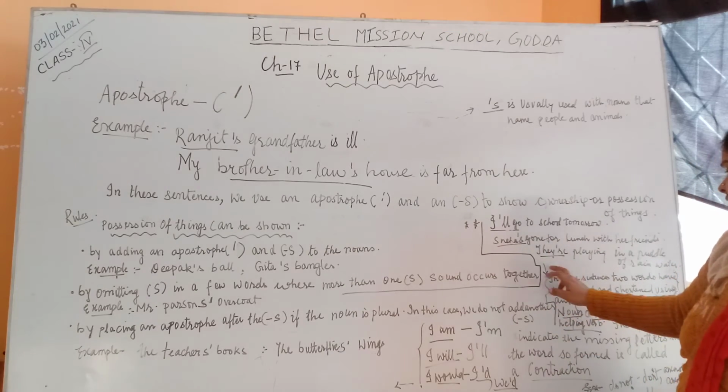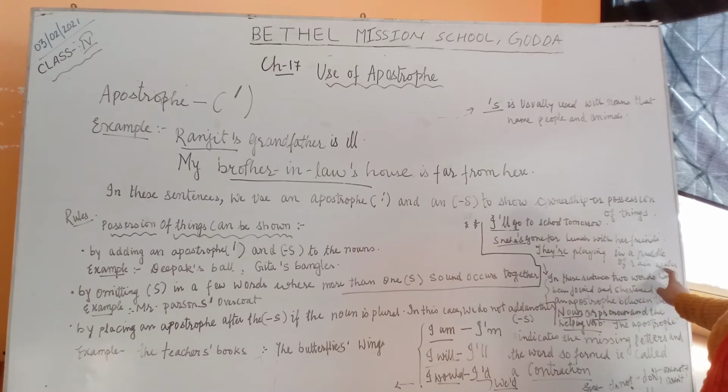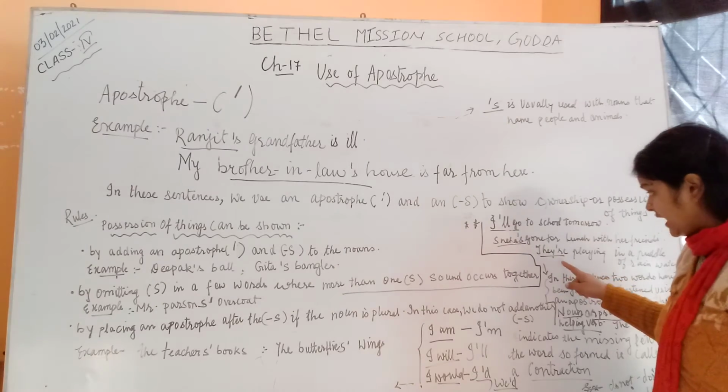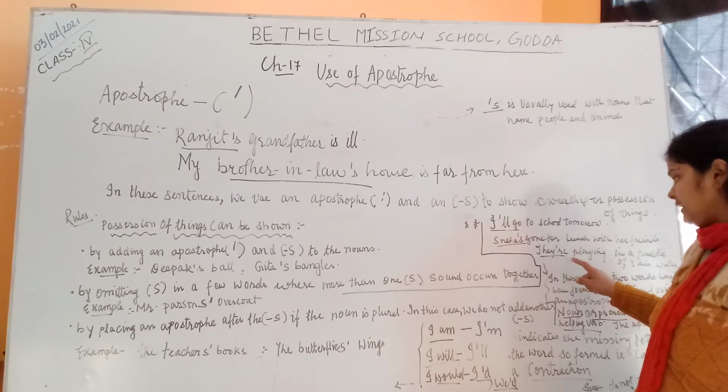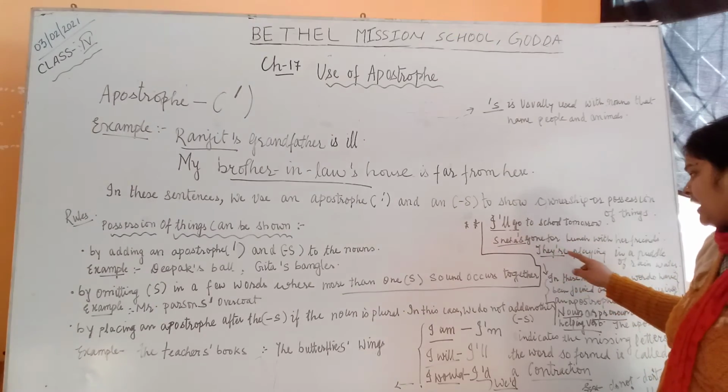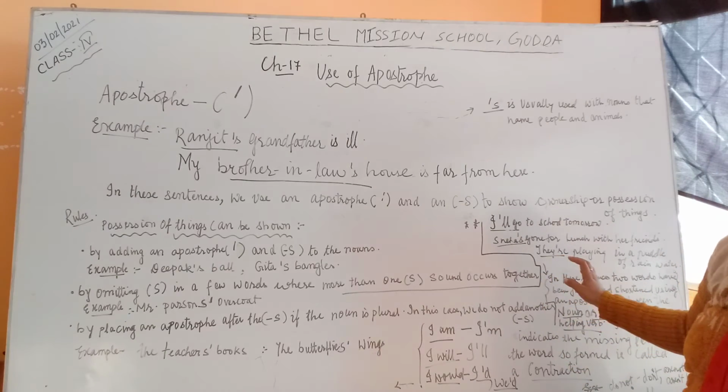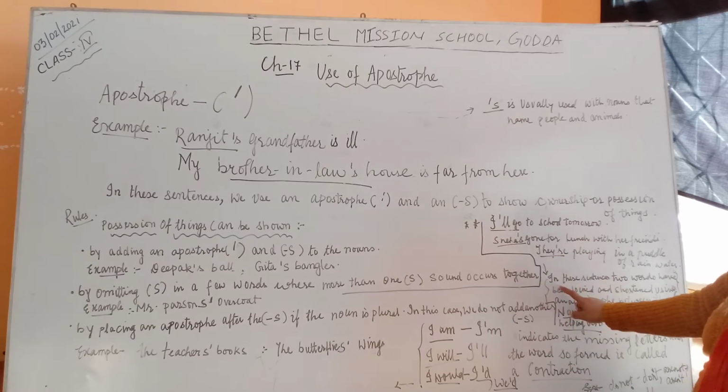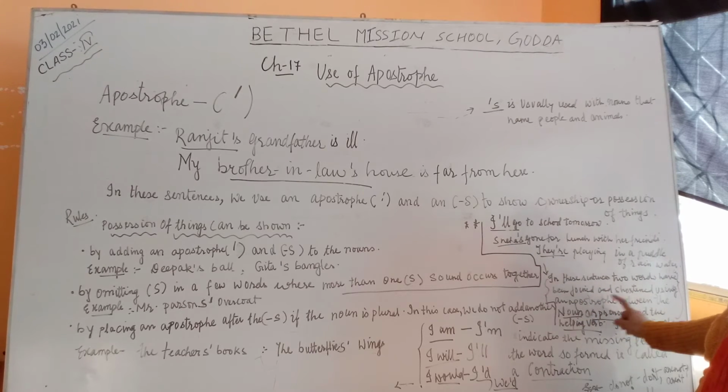They are playing in a puddle, a rain puddle. That means they are, shortened with an apostrophe to show the formation. So in these sentences, two words have been joined and shortened using an apostrophe between the noun or the pronoun and the helping verb.